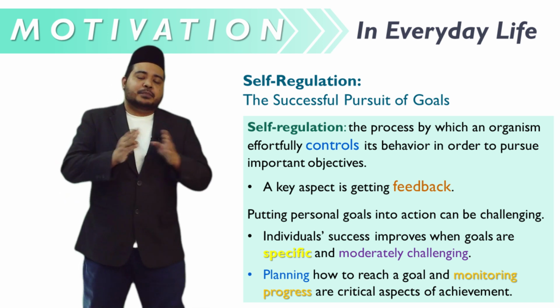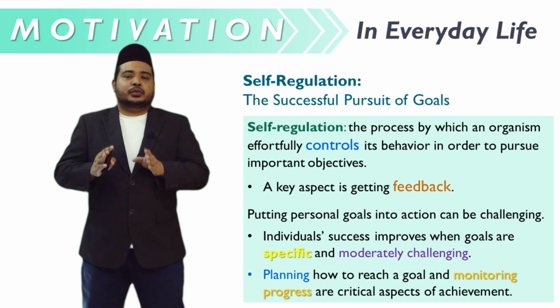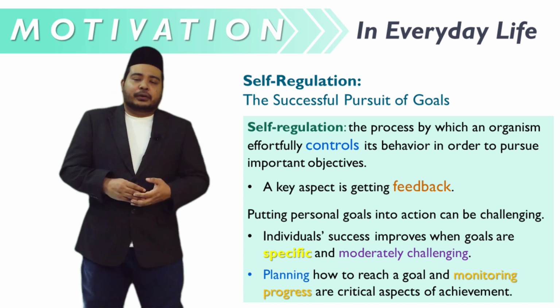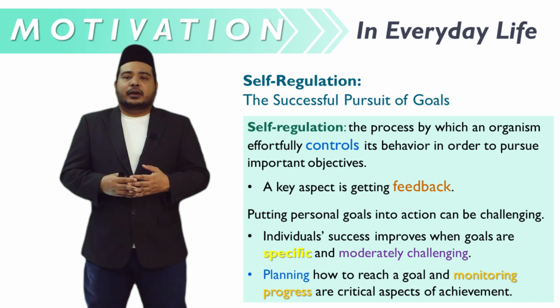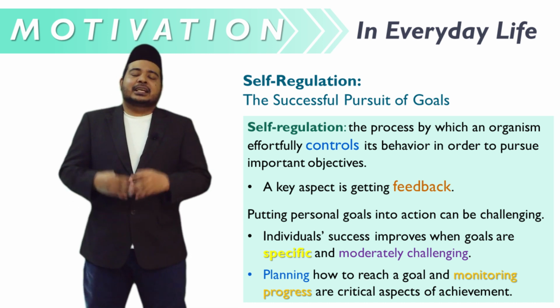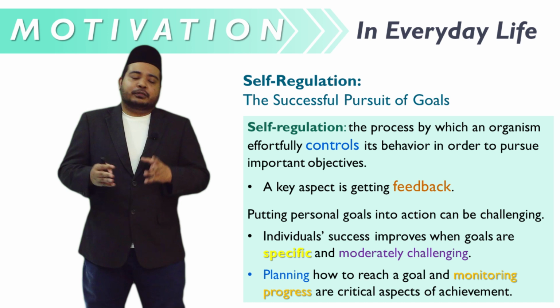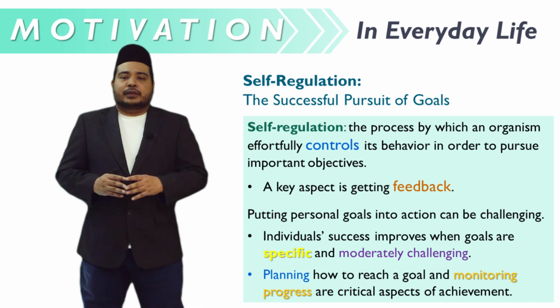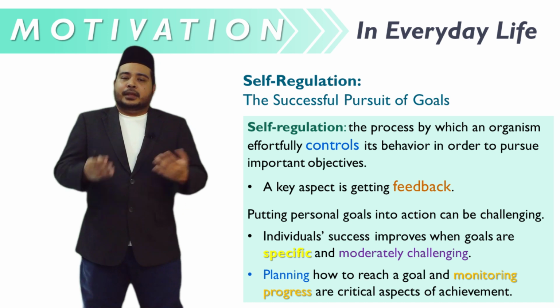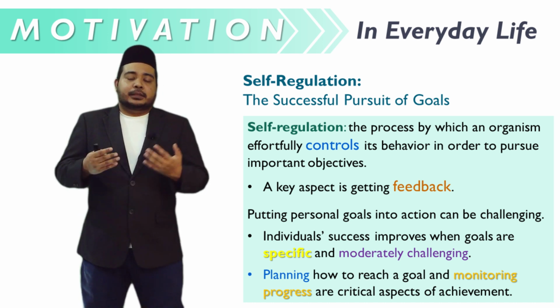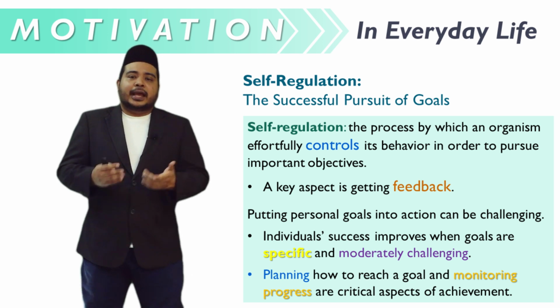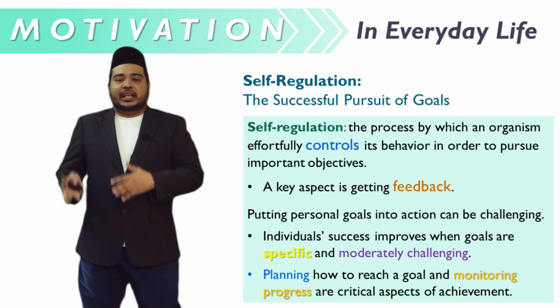Putting personal goals into action can be challenging. Therefore, researchers provide characteristics of goals so that we are able to strategize to achieve them. For example, individual success improves when goals are specific and moderately challenging.